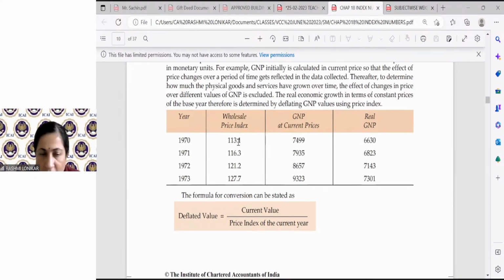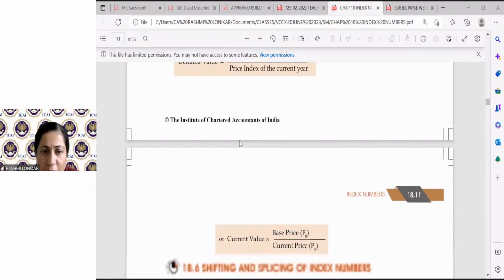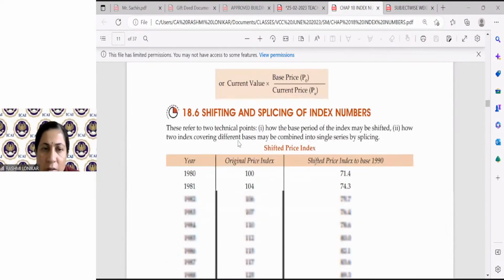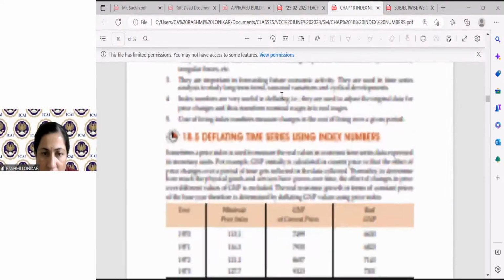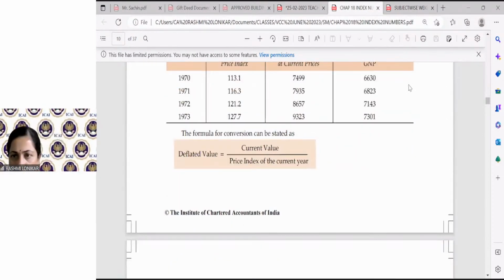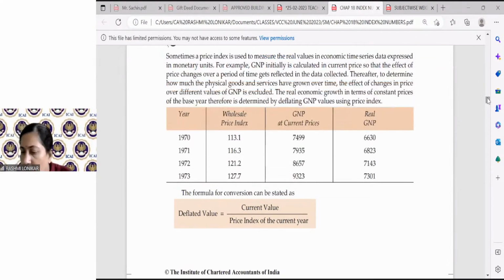Here it is 113. So let us calculate for everyone: current value into base price upon the current price. So you can see that the current price is 7499.